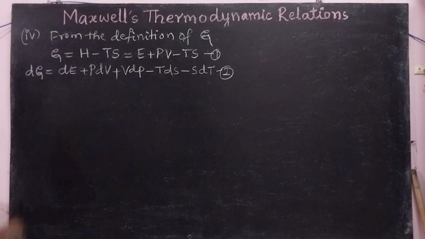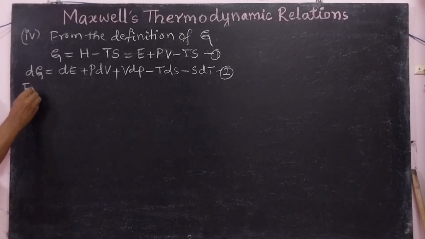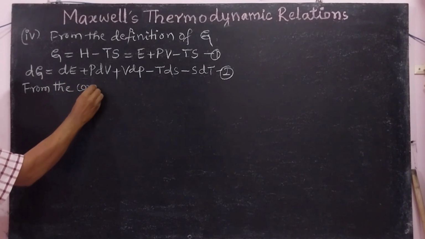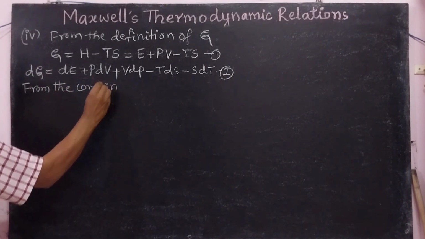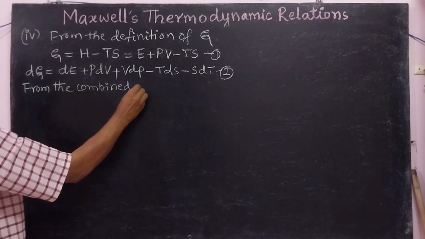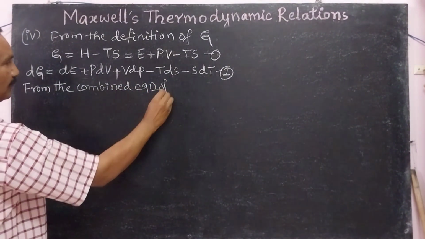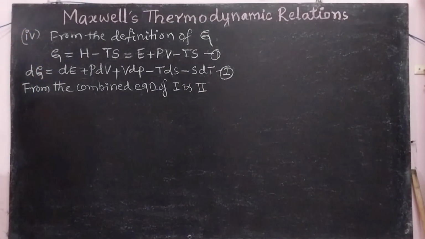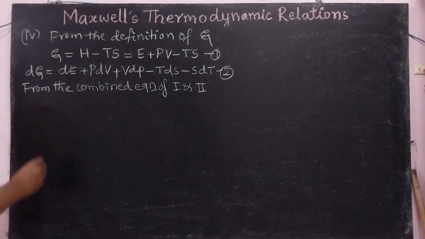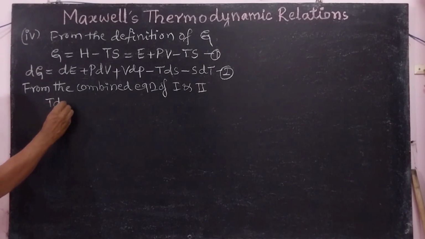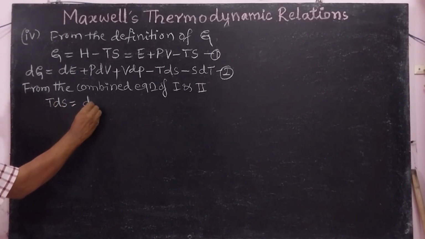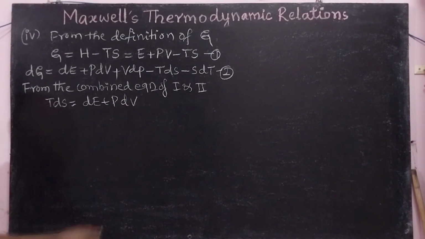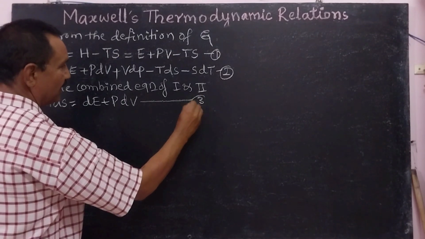From the combined equation of first and second law, we have TdS equal to dE plus PdV. This is equation 3.